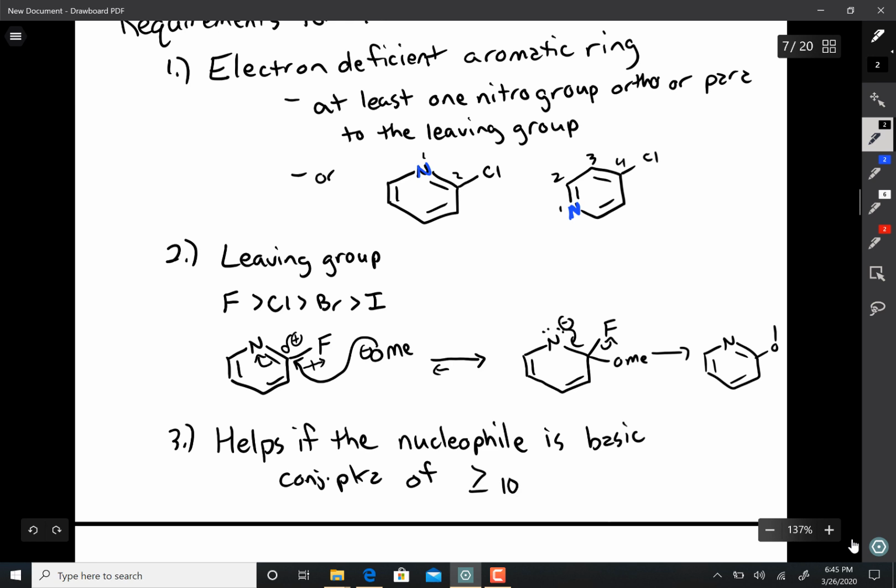That makes these reactions proceed much smoother. Are there examples of nucleophilic aromatic substitutions that don't have a basic nucleophile? There are, but those are exceptionally rare. The ones with a basic nucleophile are much more common. You'll see those a lot more.